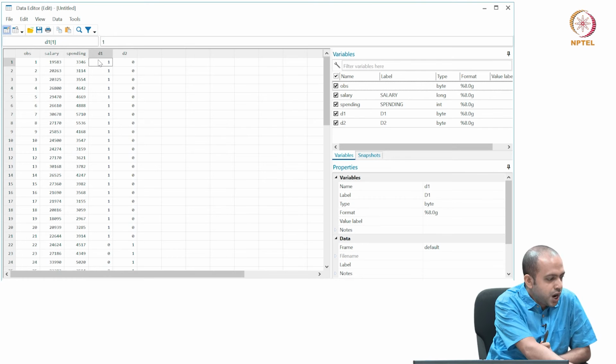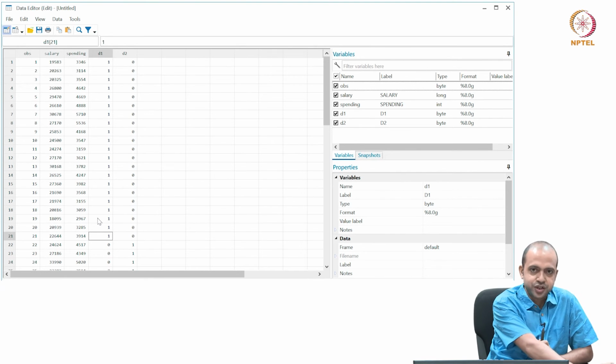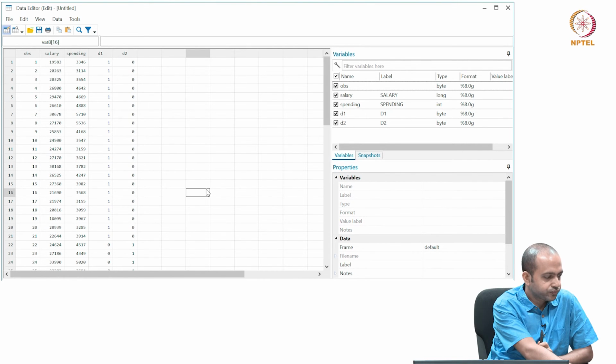So, from 1 to 21, all these states get the value, D1 takes the value 1, 1, 1, 1, 1, 1 up to 21. So, these first 21 states are basically coming from the northeast or north central region, that is why D2 is taking the value 0. After that, what is happening?